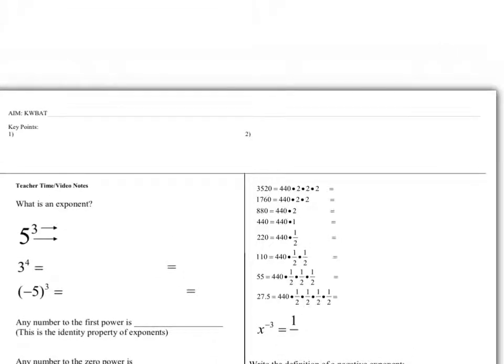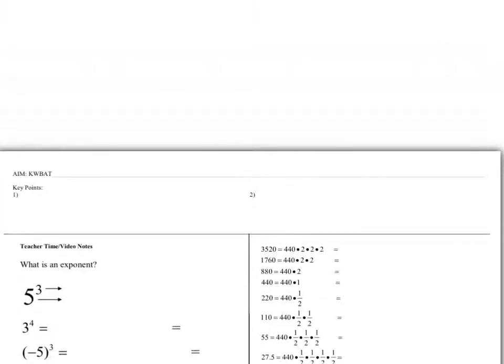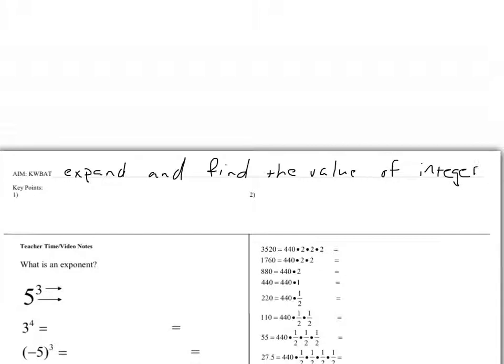Users will be able to expand and find the value of integers being taken to an integer power.